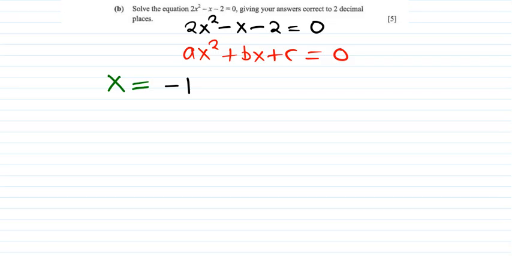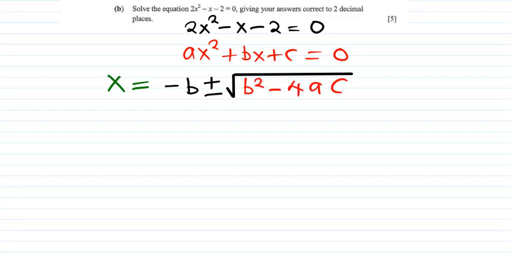It's negative b plus or minus the root of b squared minus 4ac, and this is divided by 2a. Negative b plus or minus root of b squared minus 4ac divided by 2a. Now let's identify which one is our a in our equation.